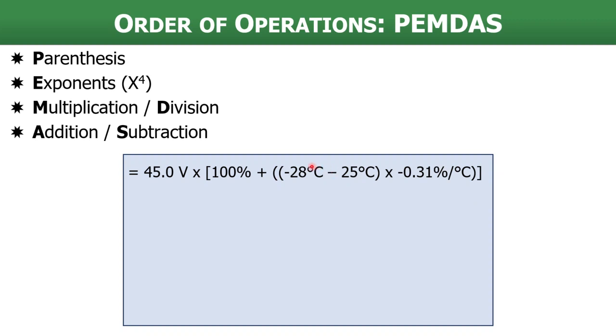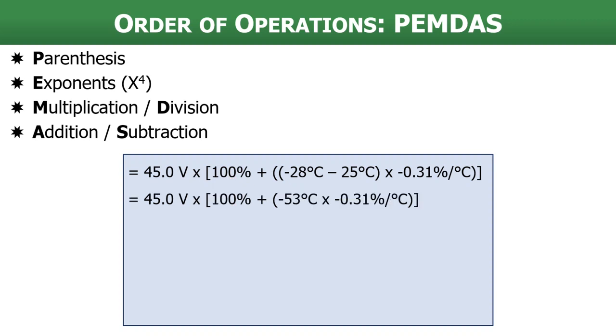The result of this subtraction will get multiplied by this negative 0.31% per degree C. And then we have a bracket, which is treated the same as parentheses, on the outside. And then we'll add the result of that calculation to 100%. Then the last thing we do is multiplication. By the time we get to that, there'll only be one calculation left to do. So that's pretty straightforward. Let's see how we do that.